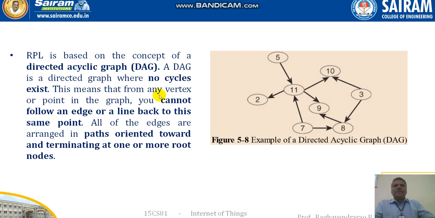This means that from any vertex or point in the graph, you cannot follow the edges back to the same point. All of the edges are arranged in paths oriented towards and terminating at one or more root nodes.